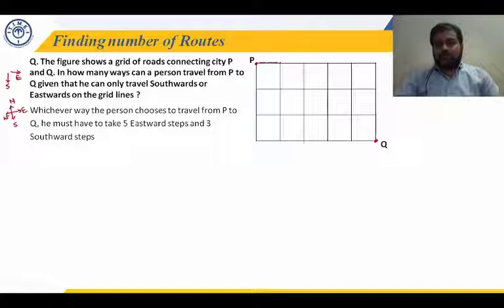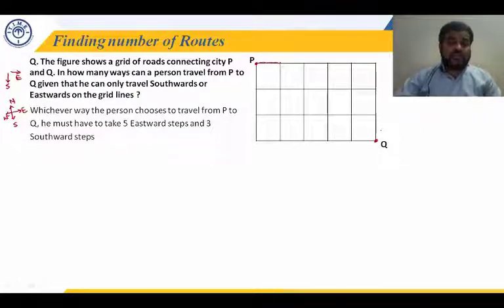Look at the pointer. 1, 2, 3, 4, 5. These are 5 steps eastward, and 1, 2, 3, 3 steps southwards. So whichever way he chooses to travel from P to Q, in every possible way, there will always be 5 eastward steps and 3 southward steps.